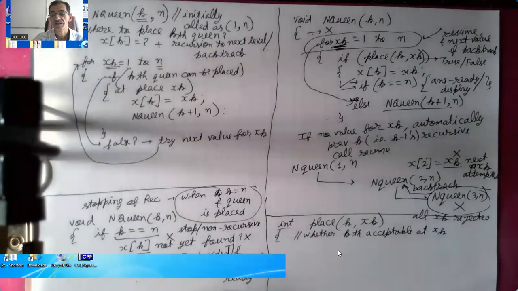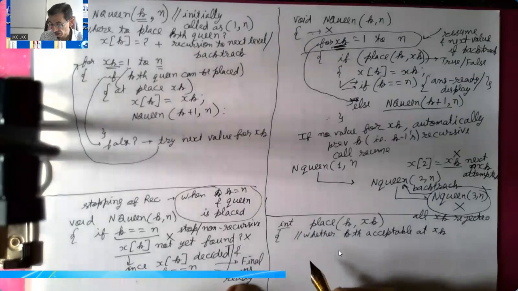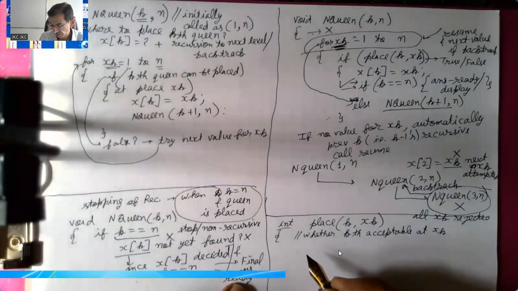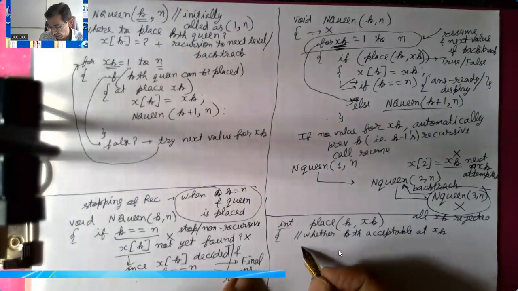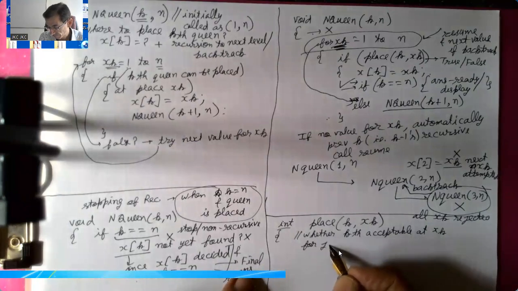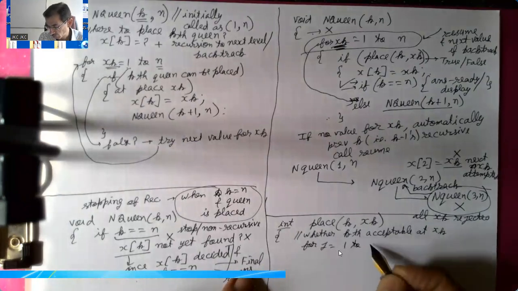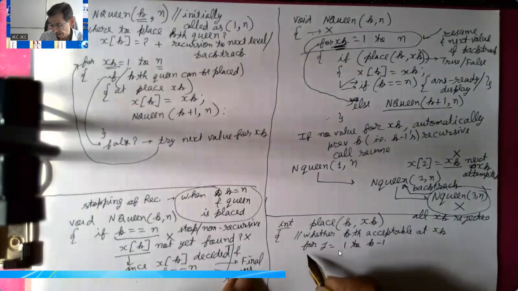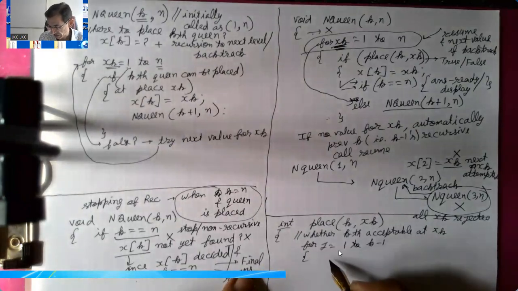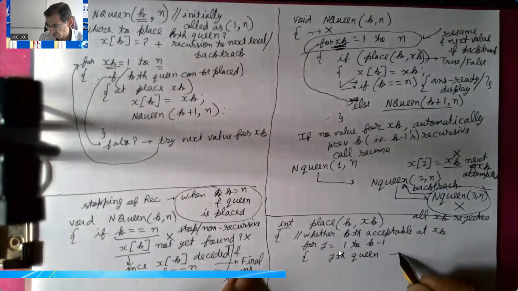That means I have queens ready up to k minus 1, and I check whether they are attacking or not. So I will check for every queen j equal to 1 to k minus 1, whether the jth queen attacks the kth queen or not.